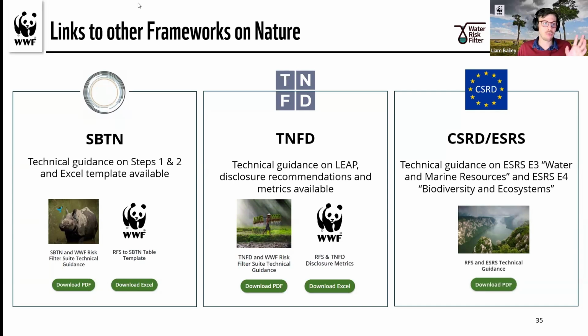And our template that we've put in place to convert from the Risk Filter Suite output into the SBTN format, or to complement as much as possible, will use this information to try and move from the scores that we have in the Risk Filter Suite into scores or information that's useful for SBTN.